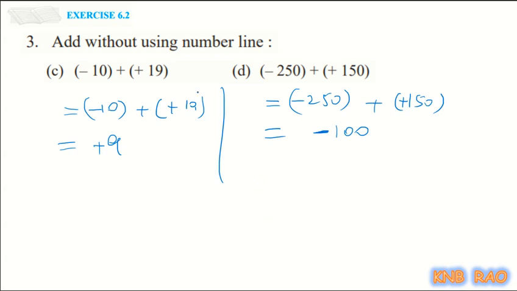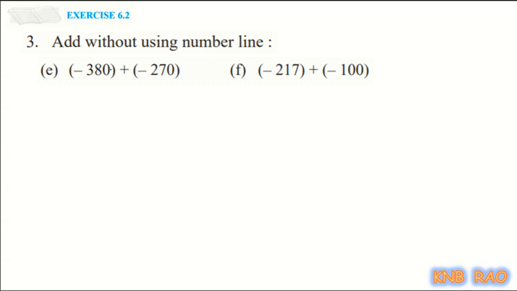So when one number is negative, another number is positive, we will find the number of steps more of the one over the other. Here in the case of next question, here both are negative. When both are negative, just like addition we will do.